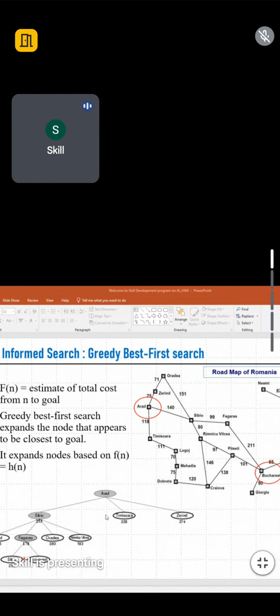Function of n will be equal to g(n) plus h(n). g(n) is the cost so far to reach n, and h(n) is the estimated cost from n to goal, which we have already seen in the previous technique. And f(n) will be the estimated total cost of the path through n to goal. So these two values will be combined to get the estimated total cost of the path to the goal.